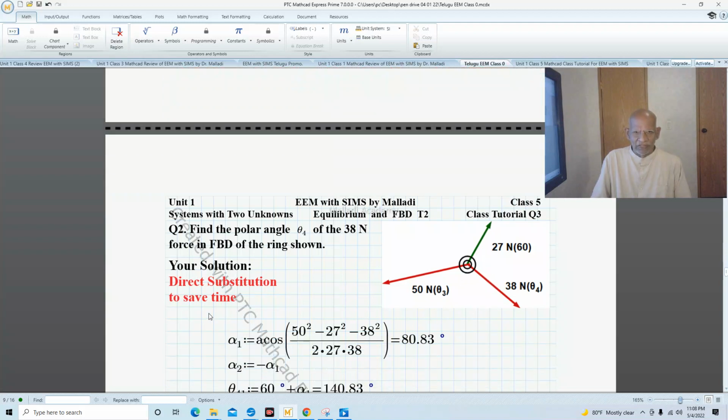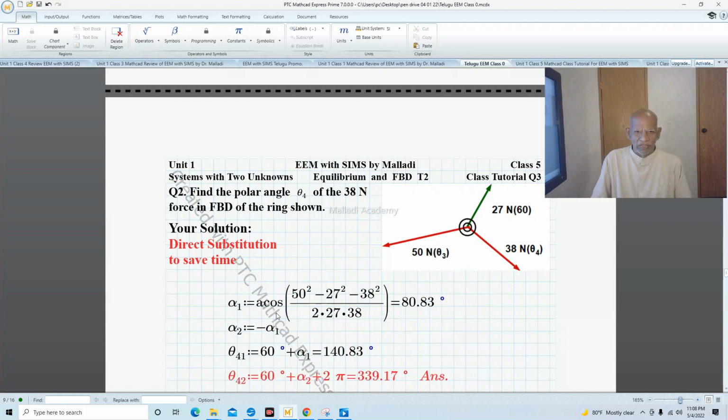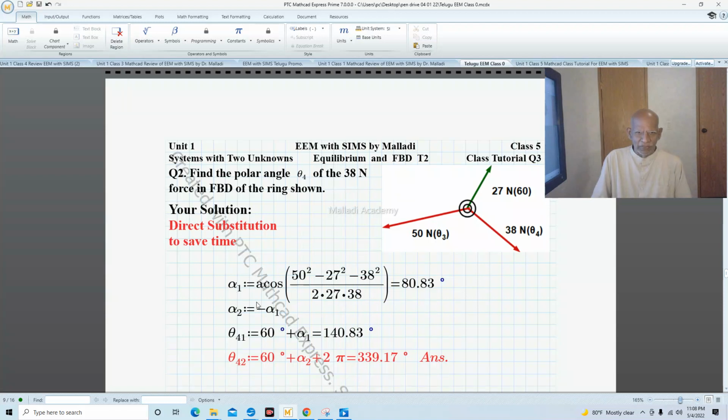So this is solved by the cosine equation discussed in the text, and I know the equation, so I can directly substitute the variables into it, then get the numerical values of the things I have to find. Then I find the two angles because it's a cosine function, so it gives two values. I'm trying to find this angle, so it cannot be 140 degrees, but it is 339. So this is the right answer. I chose this as the answer.